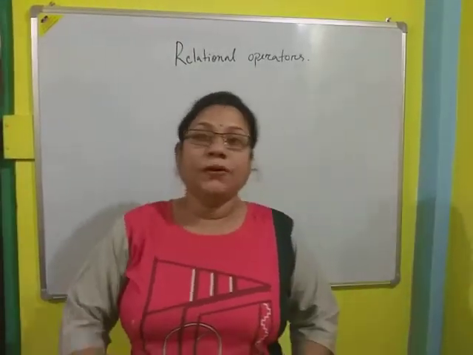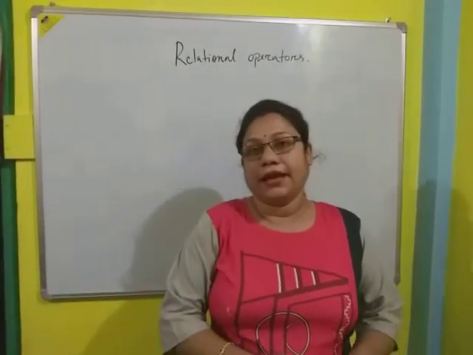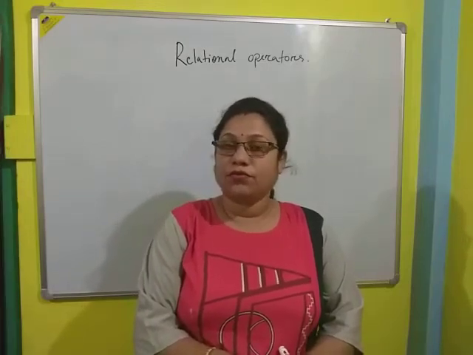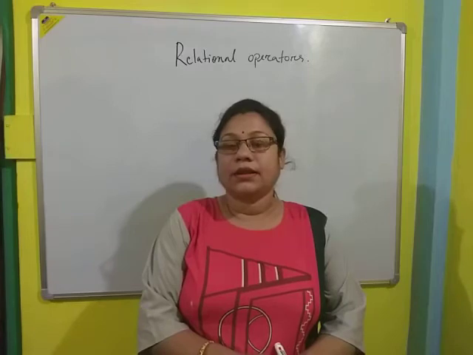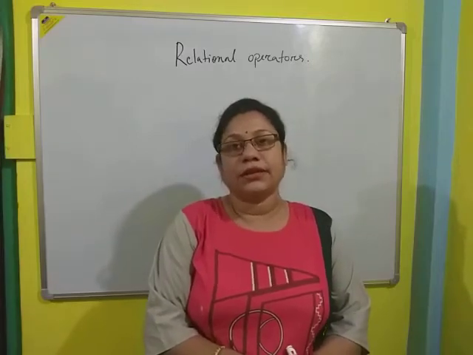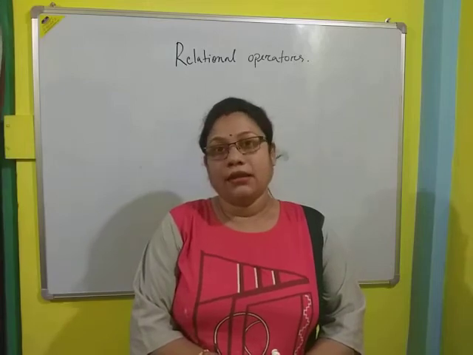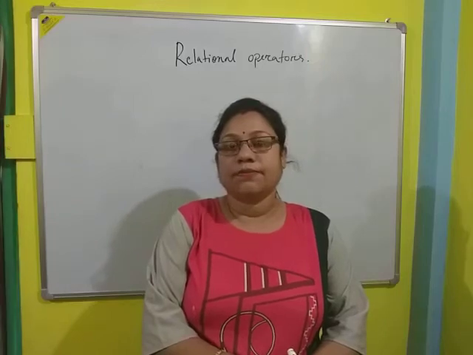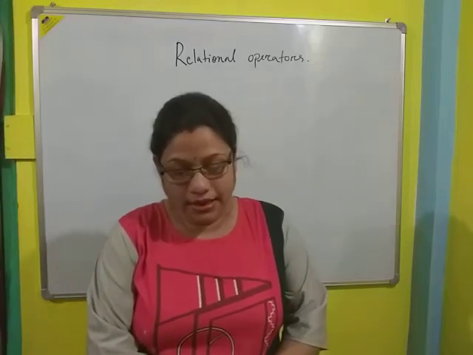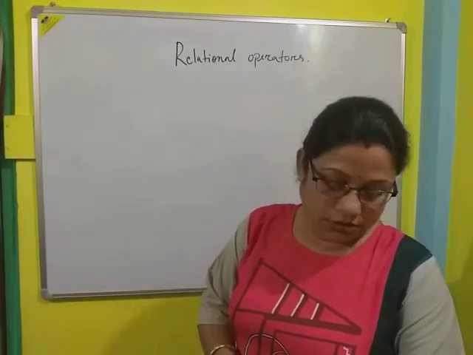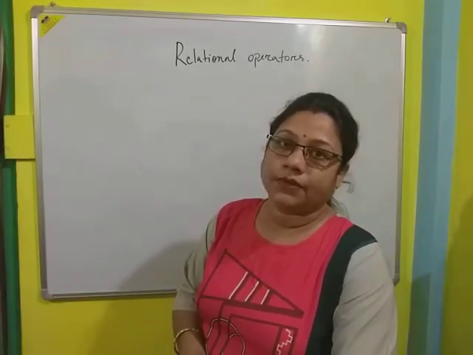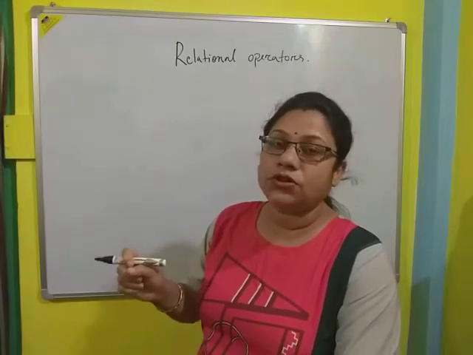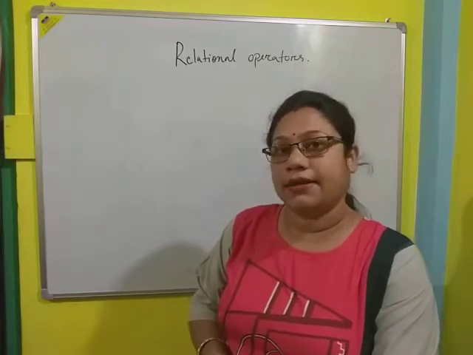Suppose we want to display the total marks of a student from the table student. The total marks field is available in the table student, and we want to display the names of those students whose total marks is greater than equal to 350. Suppose in the table student many records are available, many rows.